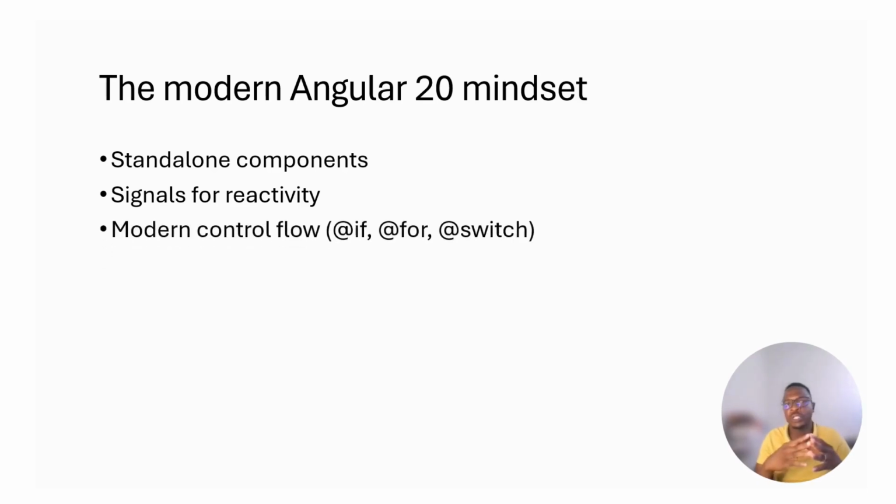Angular also introduces modern control flow, things like if, for, and switch. These are not just syntax improvements, they reduce mental overhead, remove boilerplate, and make templates read more like plain logic instead of framework magic.